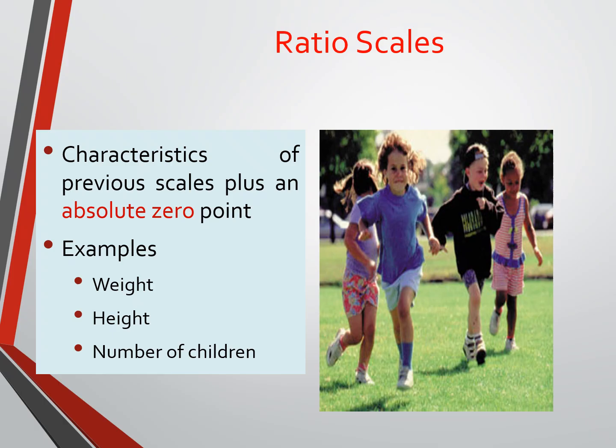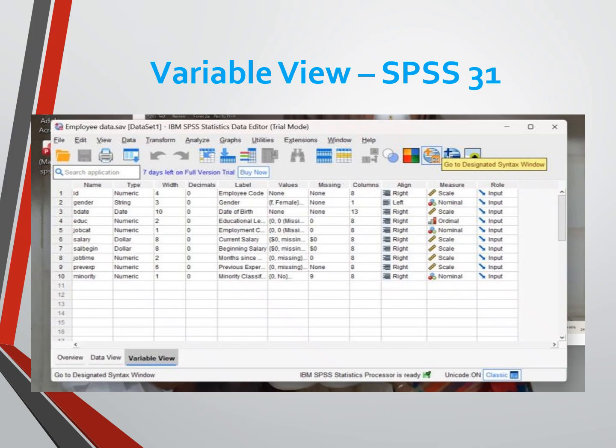Now for SPSS 31, I have taken here the point that whenever we take the employee code, and whenever we take the gender, then it is going to be male or female, and the measure given is nominal. When we say the date of birth, it is a scale.